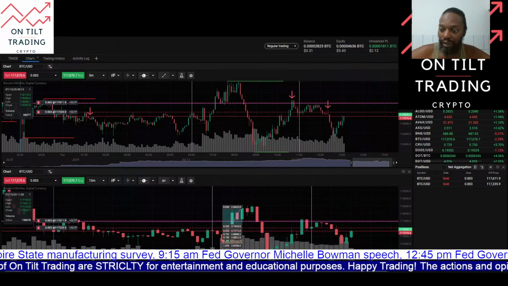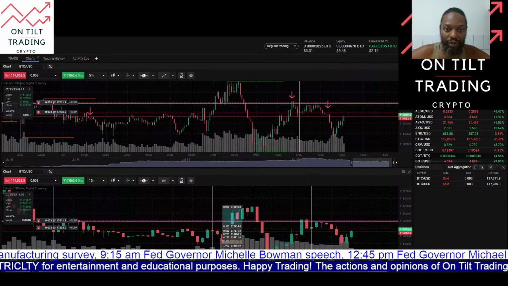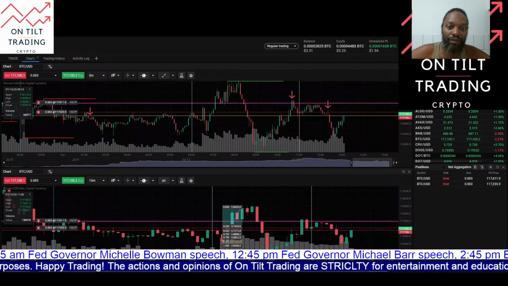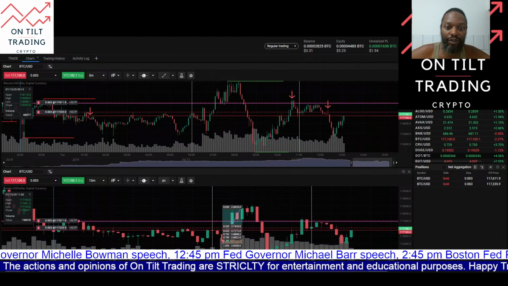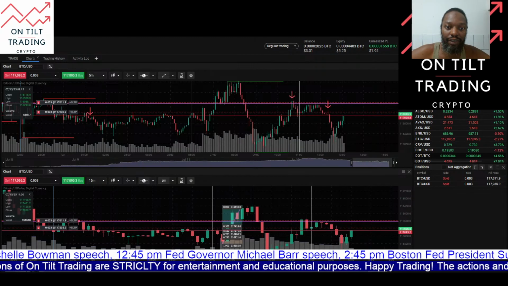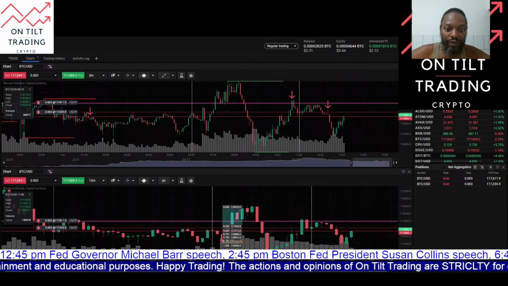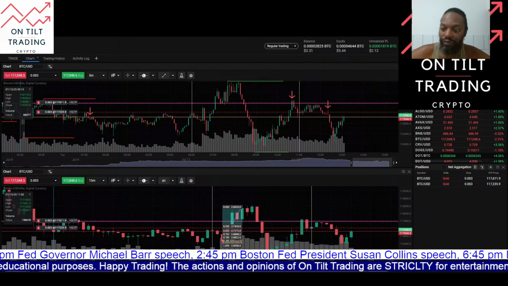With that creating a market structure shift, now I would be looking for a short in this area with a fair value gap in this area.